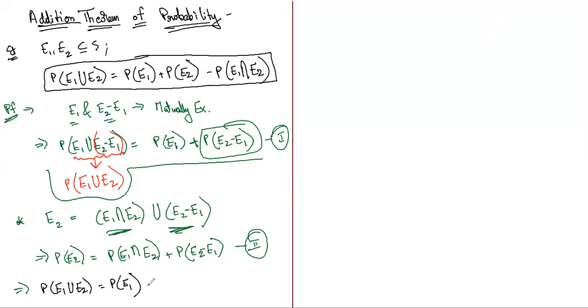Instead of E2 minus E1, I'm using this second statement: P of E2 minus P of E1 intersection E2. Okay, done. Let's go.